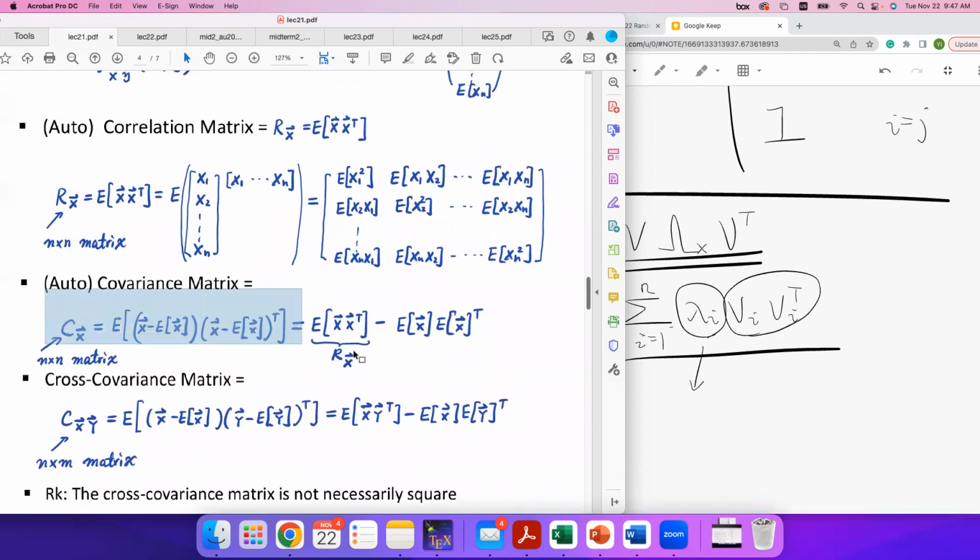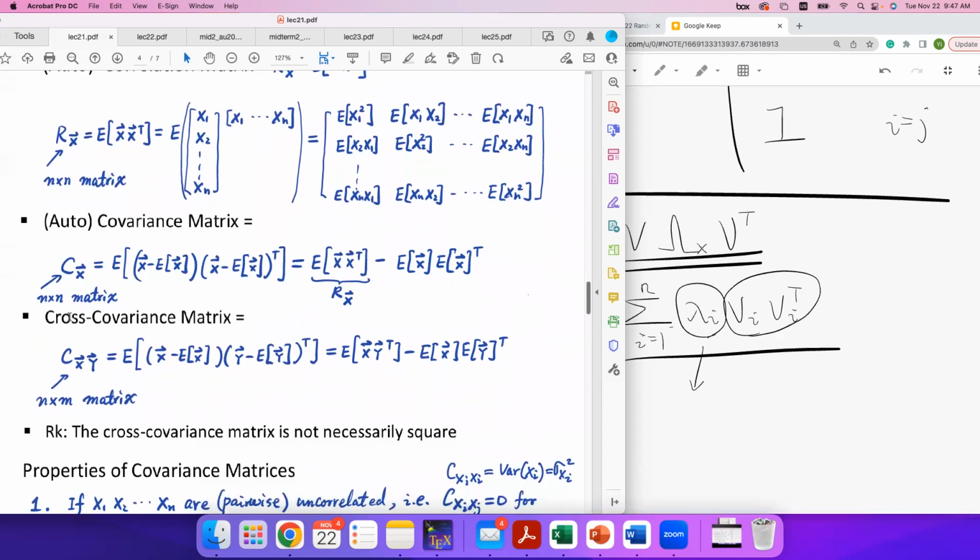For the cross covariance, we cannot use eigen decomposition in general, because in general it is not even square. X and Y, their dimensions may not be equal. X is dimension n, Y is dimension m.